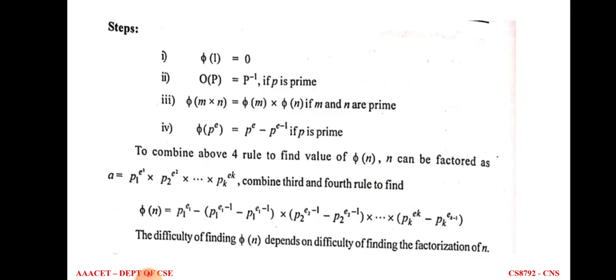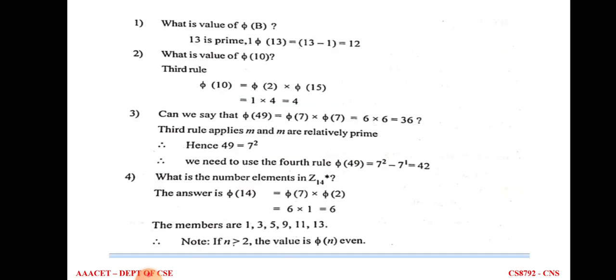The condition is that m and n should be prime numbers. 10 can be divided into 2 into 5, because 2 is a prime number and 5 is also a prime number. So phi of 2 into phi of 5.